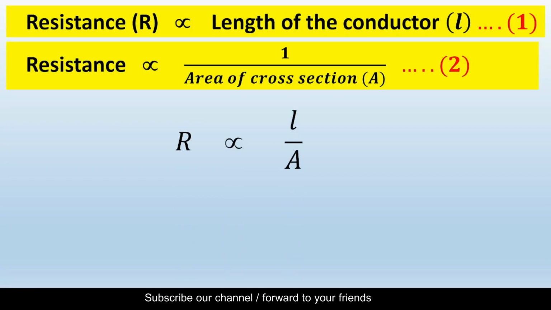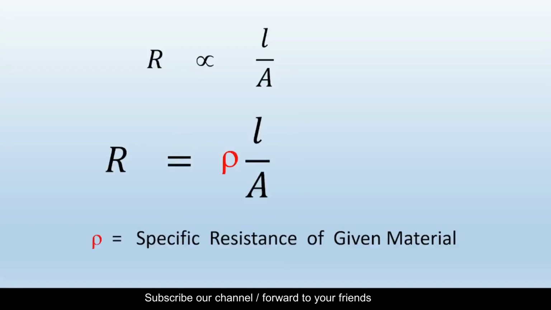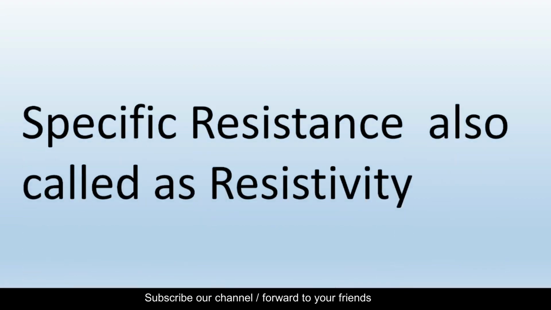Now to remove the proportionality symbol, R equals L upon A multiplied by some constant rho. Rho is called the specific resistance of the given material. Specific resistance is also called resistivity.